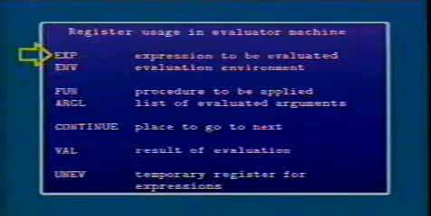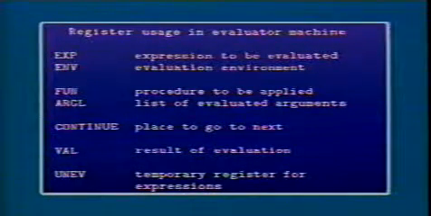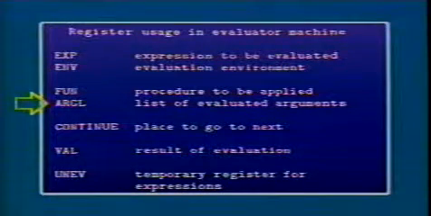And by that I mean it's going to hold a pointer to some place in list structure memory that holds the expression to be evaluated. There's a register called env, which holds the environment in which this expression is to be evaluated. And again, I mean a pointer. The environment is some data structure. There's a register called fun, which will hold the procedure to be applied when you go to apply a procedure. A register called argl, which holds the list of evaluated arguments.